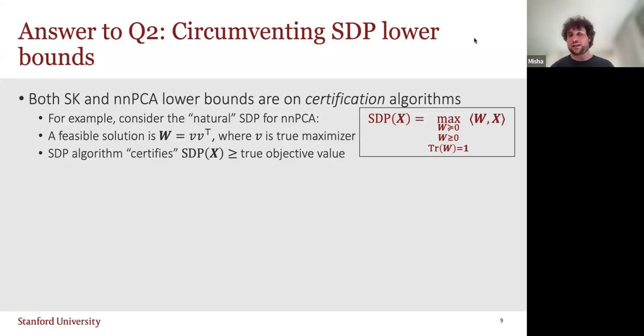And this will immediately give the optimum value. So by virtue of this, we know that this SDP approach certifies that SDP, the value output by SDP of X, is at least square root 2, which is the true objective value. In other words, we can algorithmically prove it.